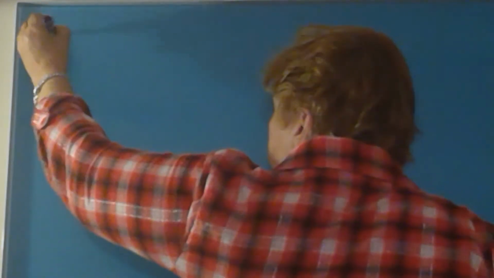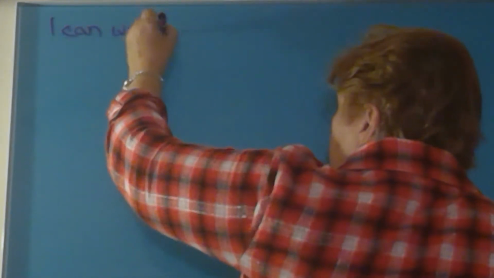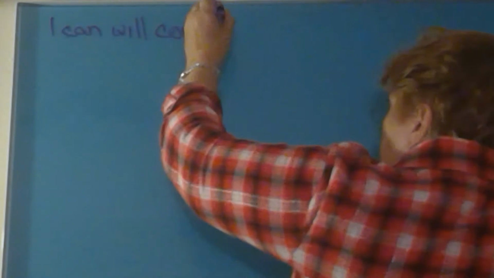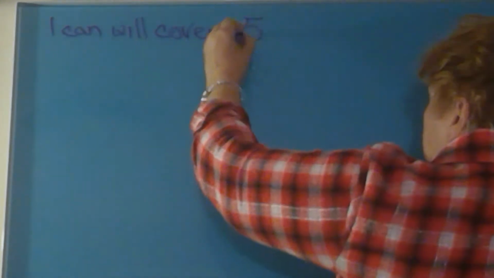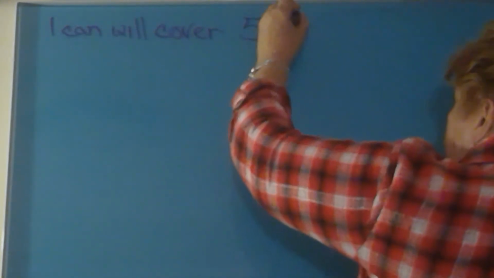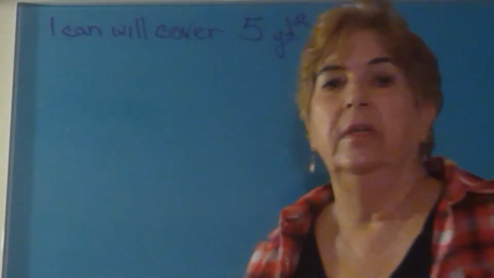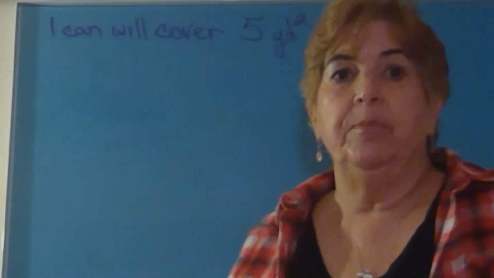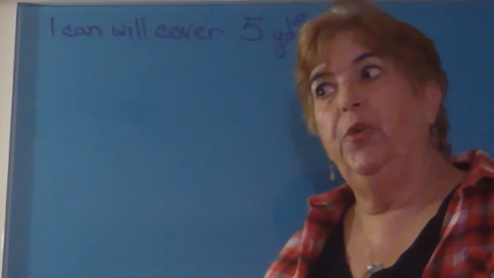So let's say that you go to the hardware store with your mask and you look at a can of paint, and the can of paint says on it that one can will cover 5 square yards.